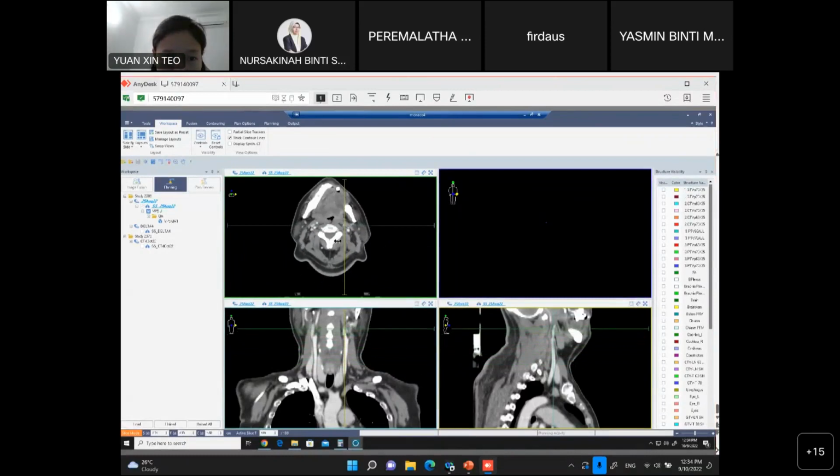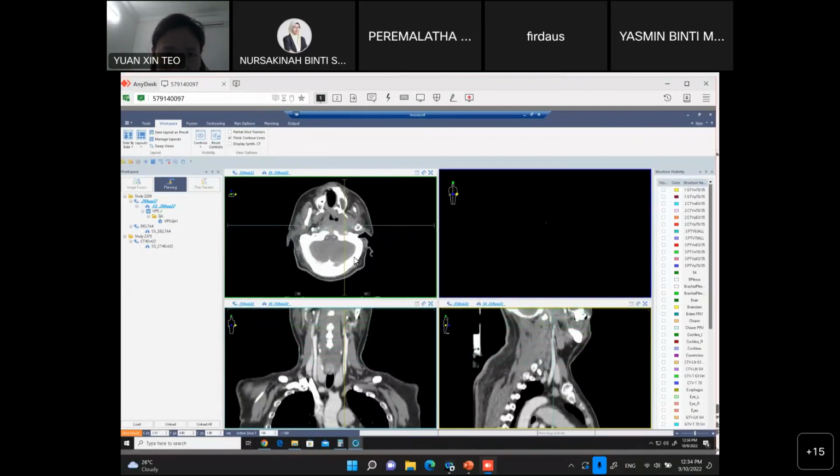You can see here there is a small one for this patient. Without contrast, you can't differentiate whether this is a blood vessel or a lymph node.